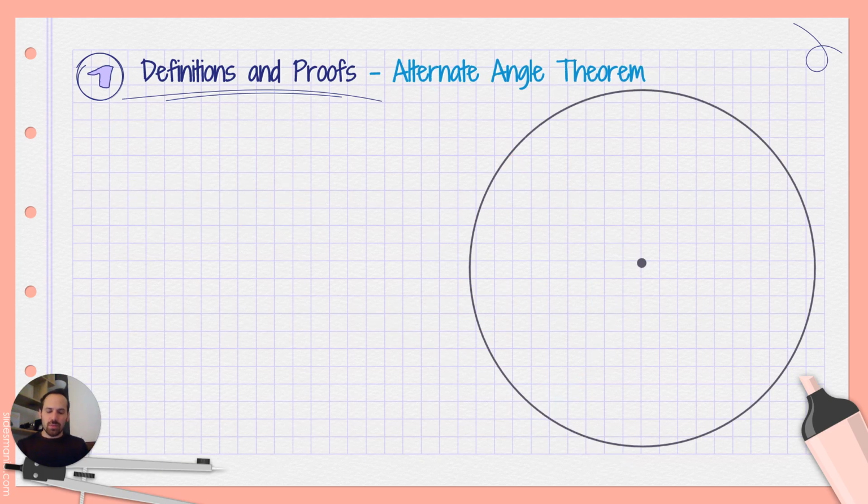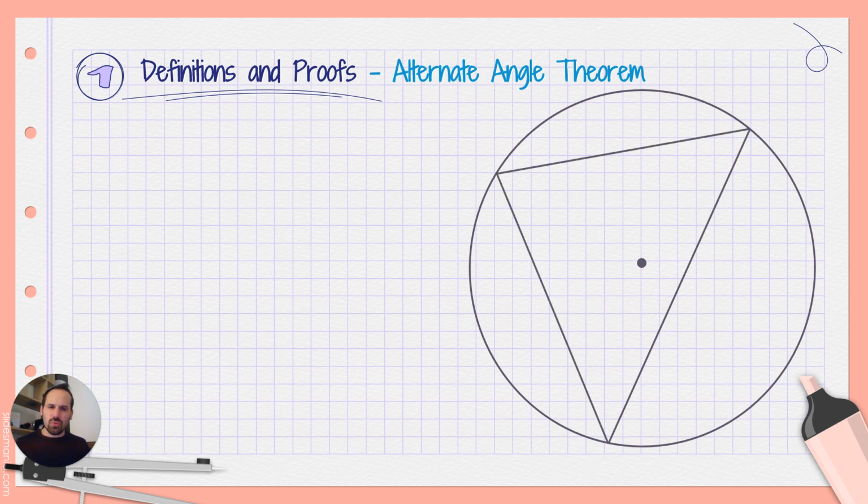So okay, let's look at the alternate angle theorem now. We're looking at some more tricky theorems now, trickier to prove at least, not so tricky to necessarily use. Say we have a triangle like this, just a general triangle inscribed inside the circle, and we have a tangent meeting one of the points of that triangle. Alternate angle means the angles at that tangential point and the other angles in the triangle on alternate sides, as in interior and exterior, are going to be equal.